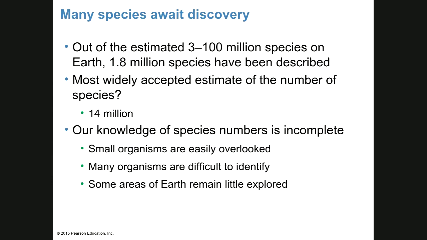Okay, so scientists have named and described 1.8 million species on the planet. What this means is that someone has gone out, they found what they thought was a new organism, and then they studied the heck out of it. You've got to determine beyond a reasonable doubt that this species truly is different than all other species that have been discovered.